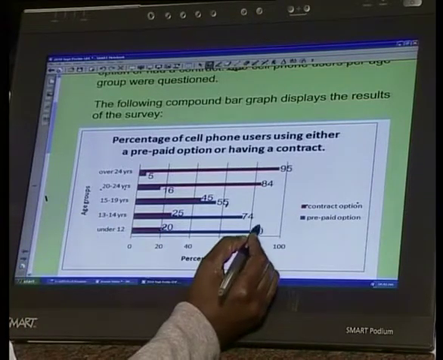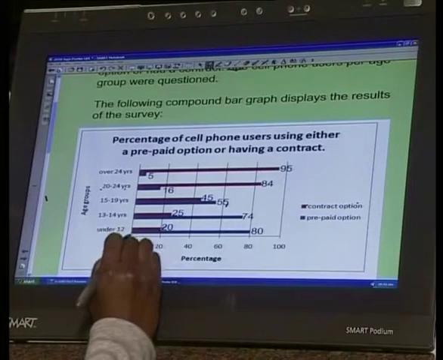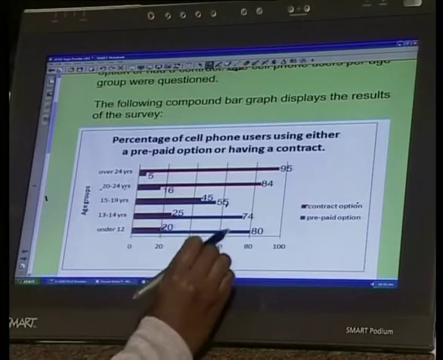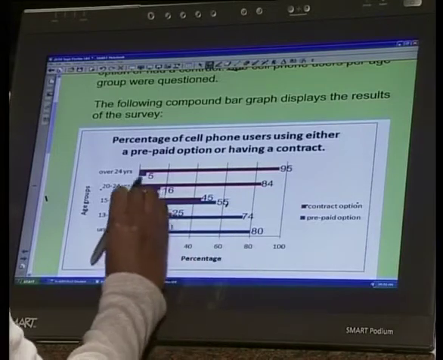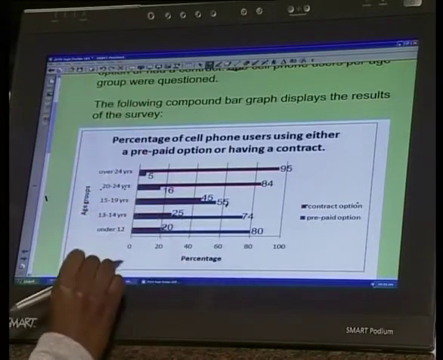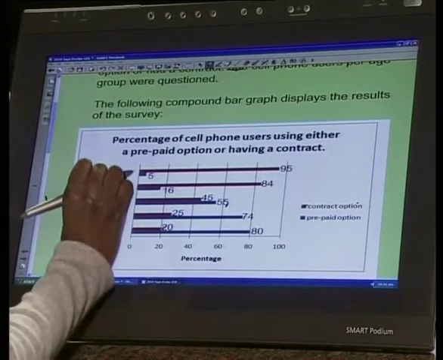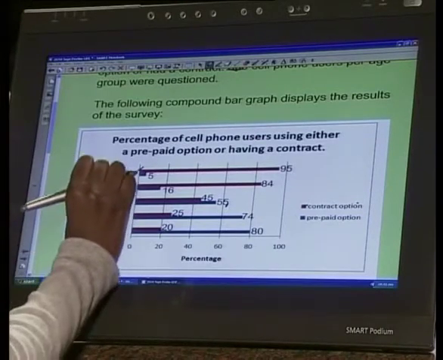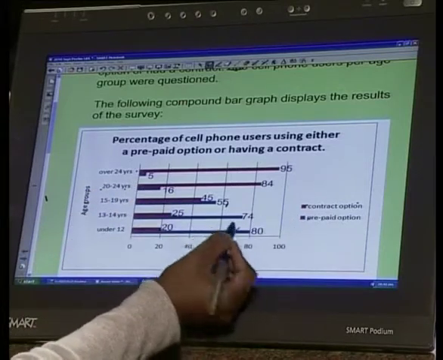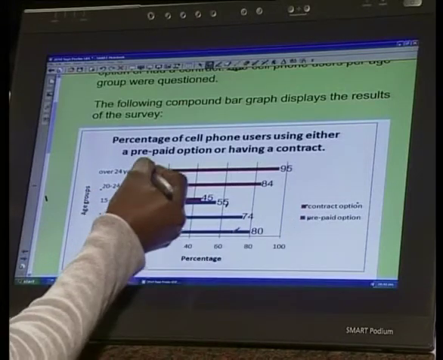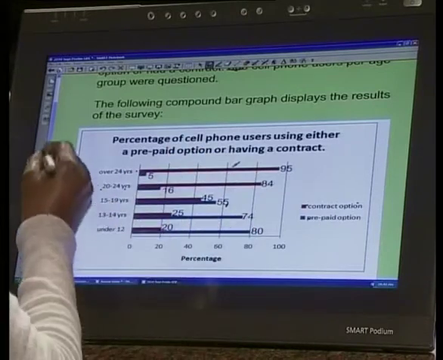The prepaid, the percentage is above. So as you move up, this line keeps on getting smaller. So this is the trend. As people grow older, they do not use the prepaid option, but instead they opt for the contract. So here, what is the trend?